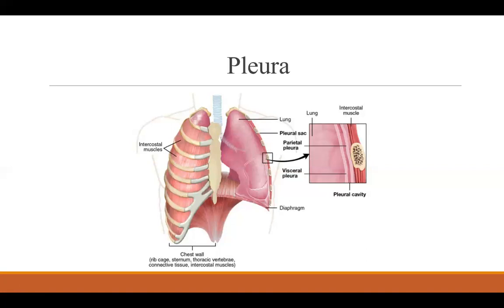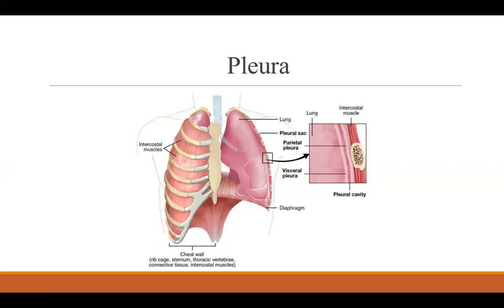Now, what happens is during inspiration and expiration, the pressure within the pleura fluctuates, but always below atmospheric pressure. Okay, so this is what you call negative pressure. Negative pressure is anything that's below atmospheric pressure.